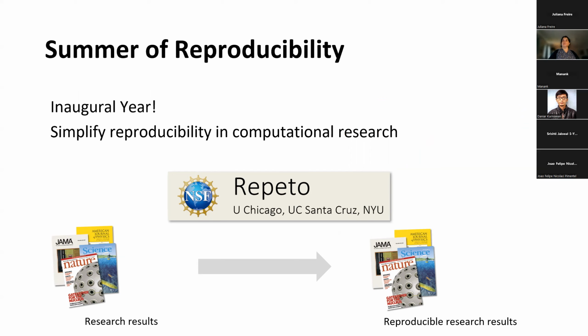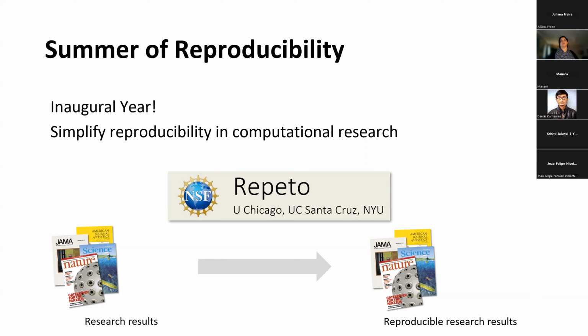All right. The Summer of Reproducibility, this is the first year we're doing this, and it is funded as part of the Repetto project under the NSF. That project is a joint project between the University of Chicago, UC Santa Cruz, and NYU. A couple of our PIs, collaborators from that project, are mentors under the Summer of Reproducibility.